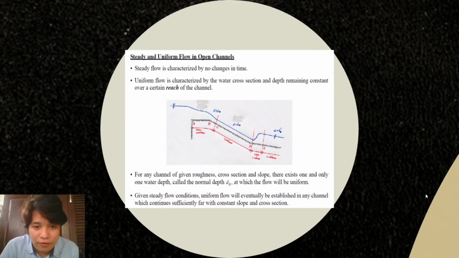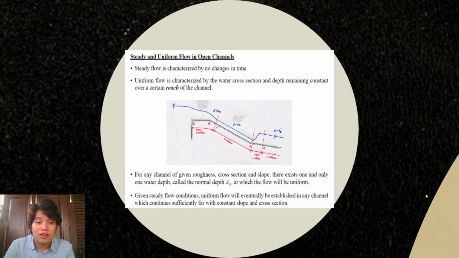As we can see in the figure, there are non-uniform, uniform, non-uniform, uniform flows, which indicates that at AB the flow accelerates, while on CD the flow remains, or is established, as uniform, while from D to E the flow accelerates, and from E onward it is re-established.